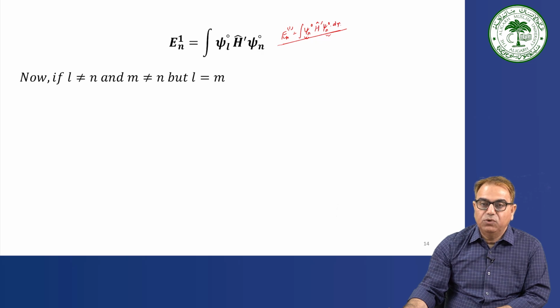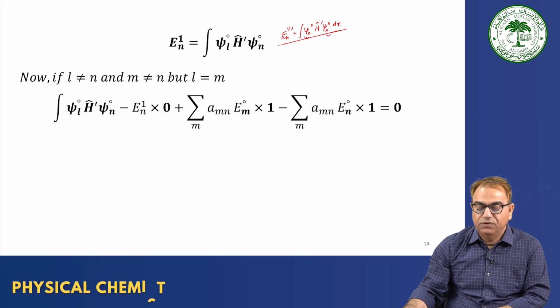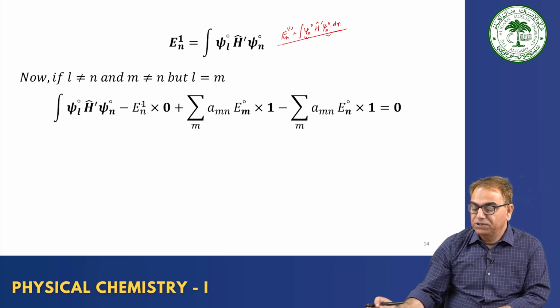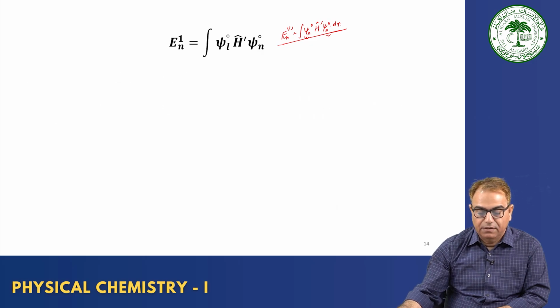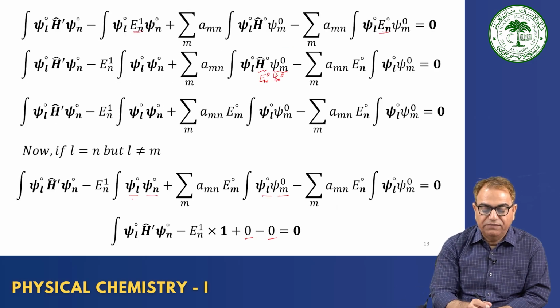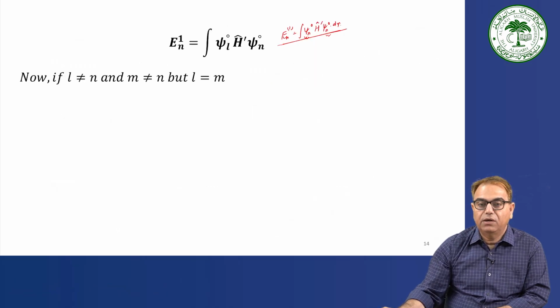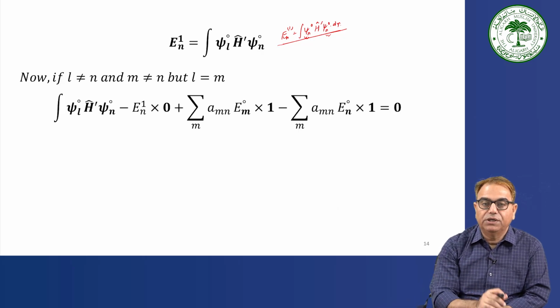Now for the same equation, if L is not equal to N and M is equal to N but L is not equal to M, if you use this condition, then what you get is this one. The first equation remains the same. Now En1 becomes 0. Why? Because if you go back, for this you have L and N, and L and N are not equal, so it will be an orthogonality condition and you will have a 0 here.